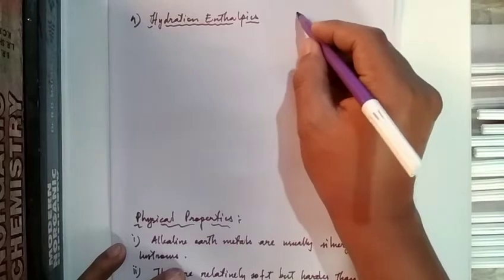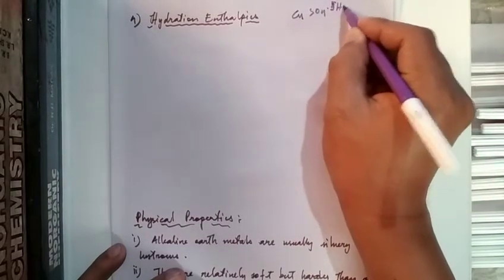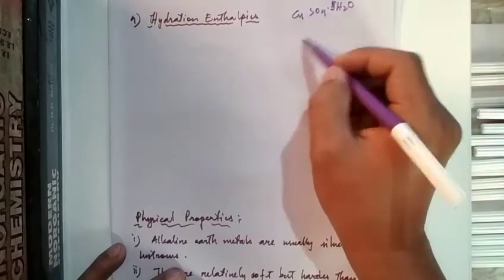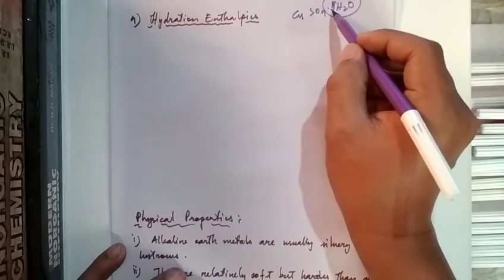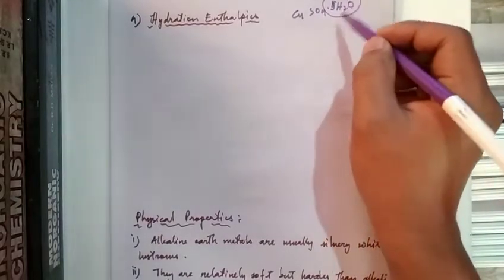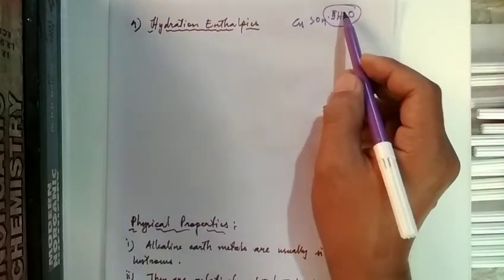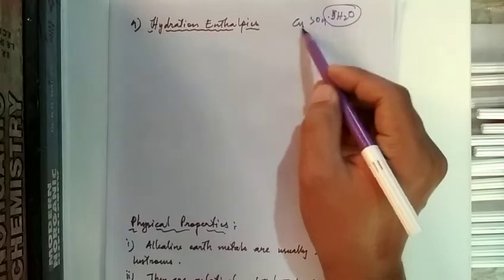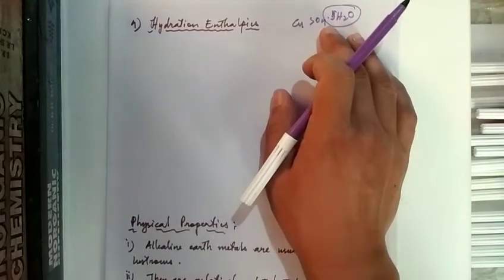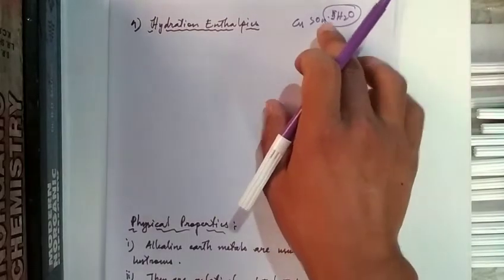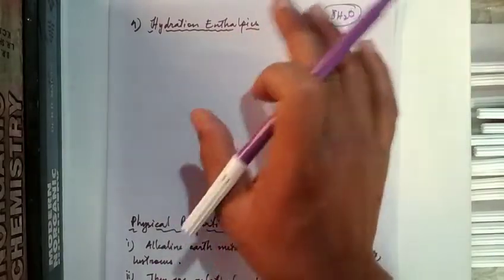An example can be CuSO4·5H2O. The 5H2O is known as the water of hydration; the water molecules come and attach to the CuSO4. So the energy involved or released here is known as the hydration enthalpy, in simple words.